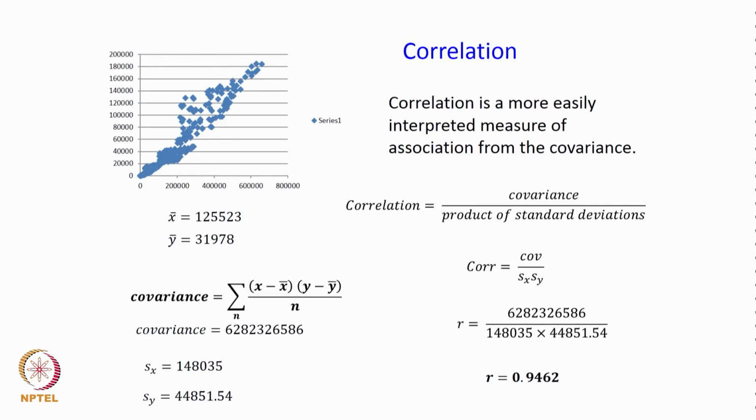Now, we compute the correlation. So, correlation is equal to covariance divided by the product of standard deviations. So, covariance by Sx Sy, so 628 232 6586 divided by 148035 into 44851.54, which is 0.9462. So, the correlation for this is 0.9462.